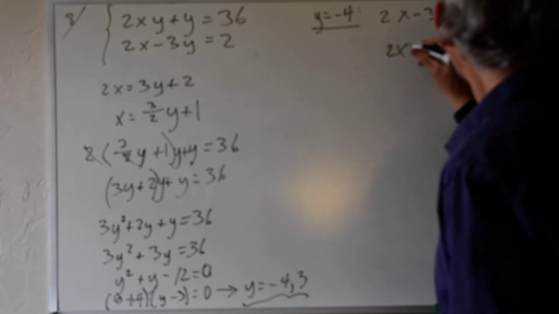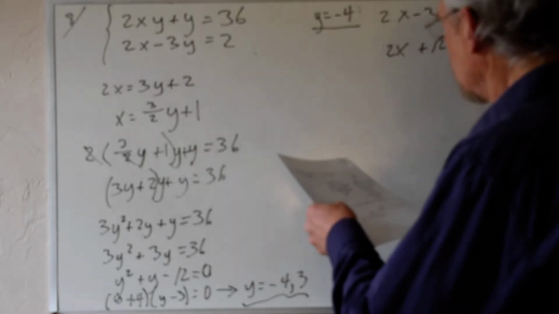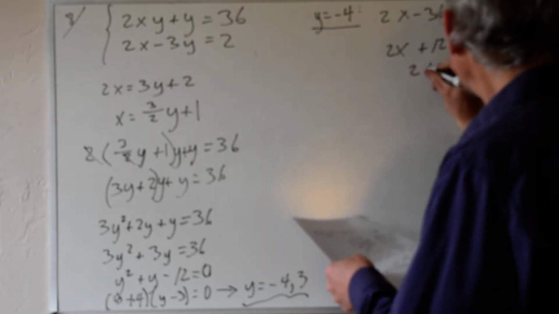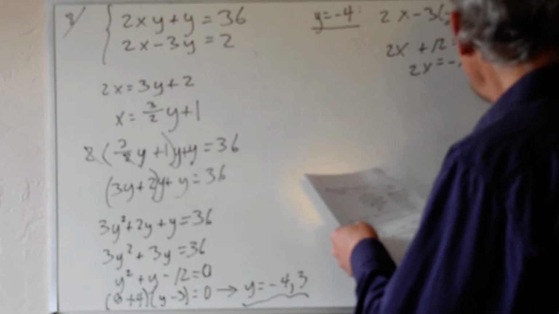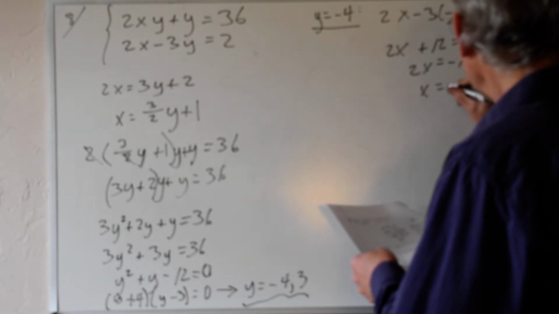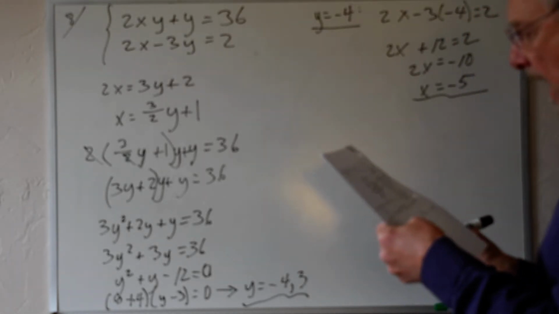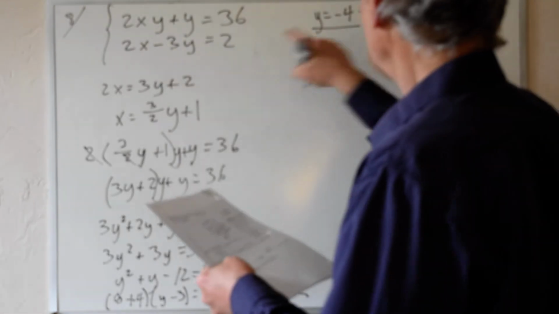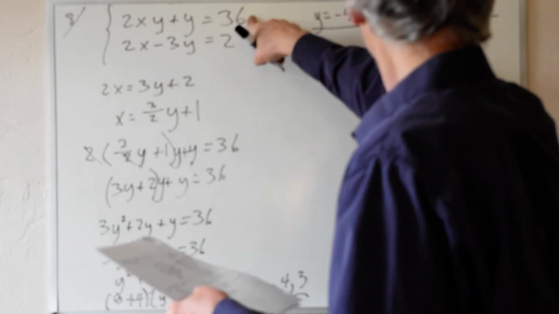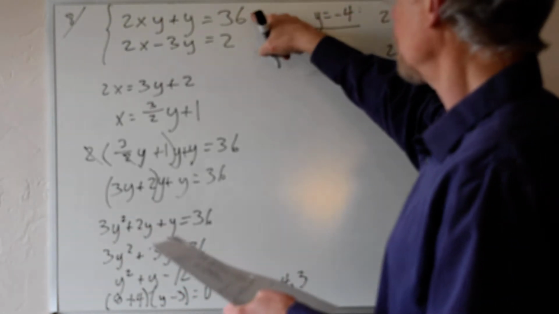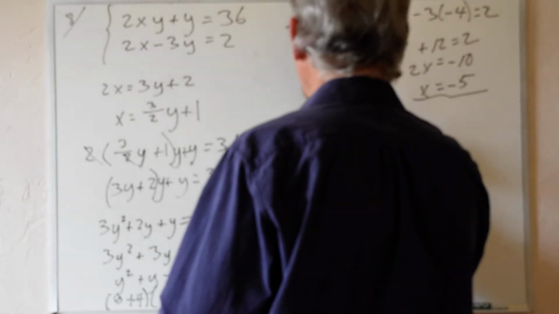So I get 2x plus 12 equals 2. 2x equals -10. X equals -5. We can do a quick check. I just used this equation, so let me plug these x and y values into the top equation. Let's see what I get.